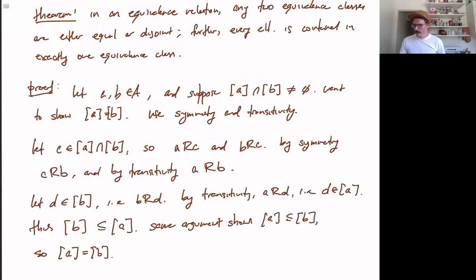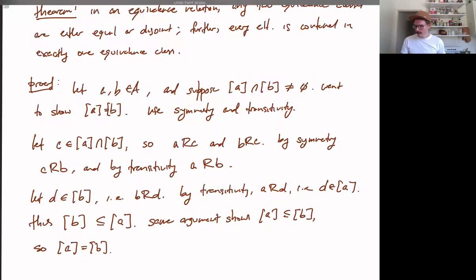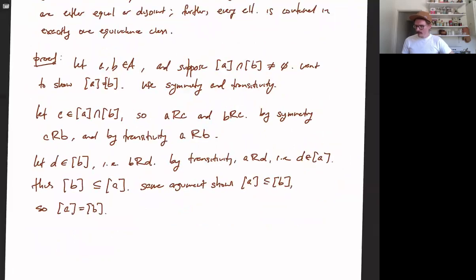Let's bring the statement back here. In an equivalence relation, any two equivalence classes are either equal or disjoint. So we have proven this. And further, every element is contained in exactly one equivalence class. So to prove this, well, let me leave that up on the screen.